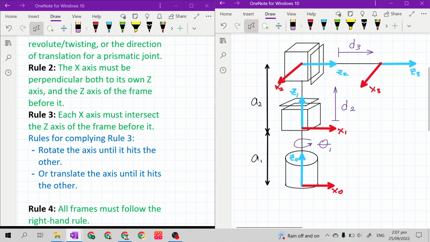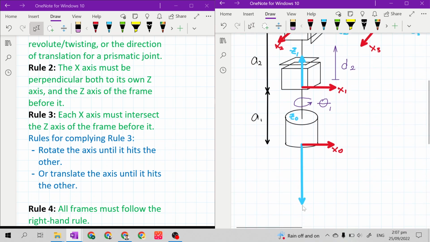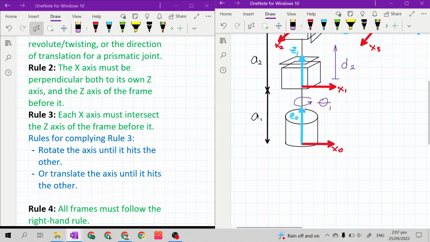Okay, the same with other axes. Z sub 0, everything upward is positive. Everything downward is also z sub 0 but negative, because you didn't choose z sub 0 to point downward. Okay?